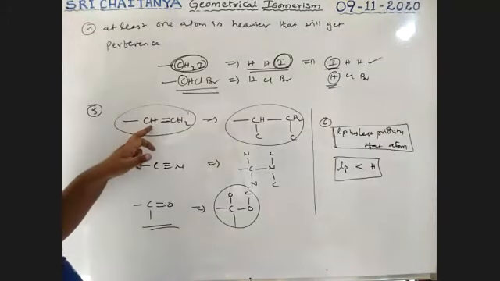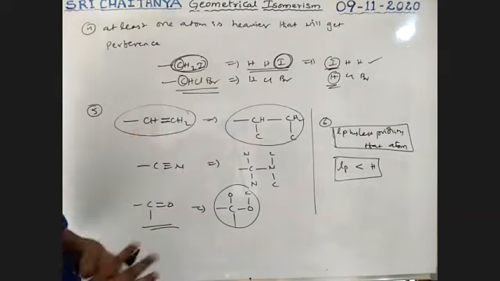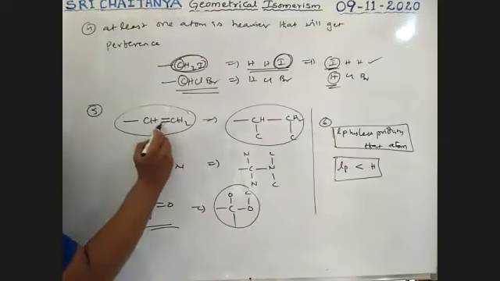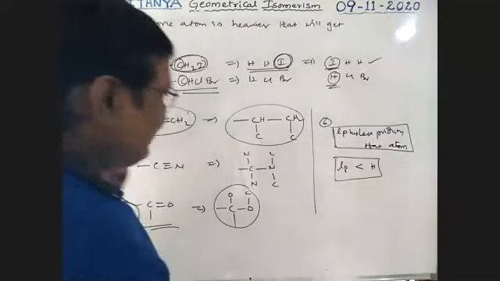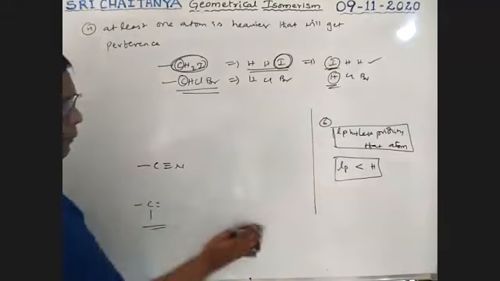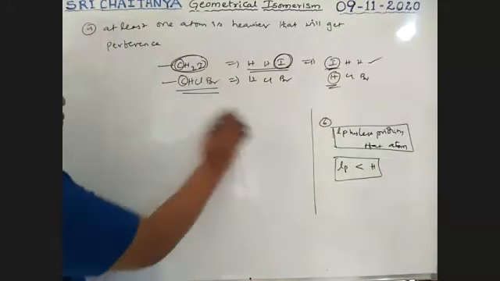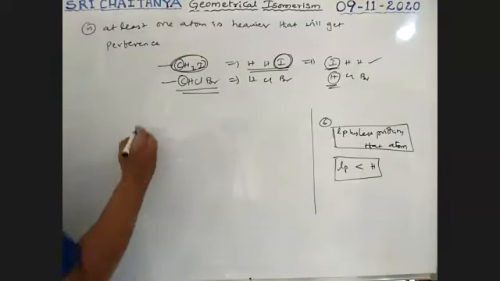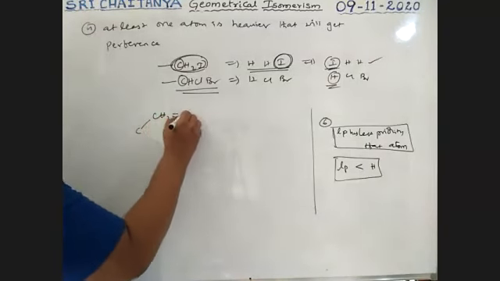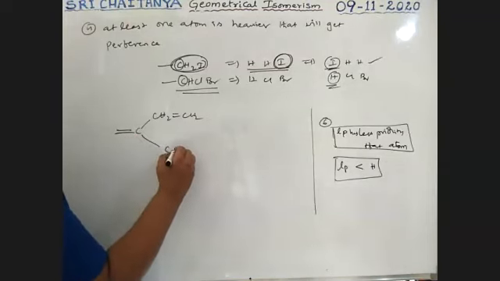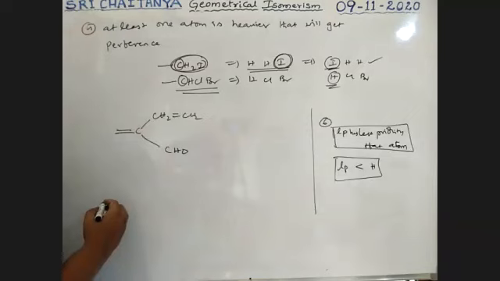See here once again 5th point. So that is when CH2 double bond CH. For example, see here, I will explain with an example. For example, CH2 double bond CH2, C double bond C, boys.